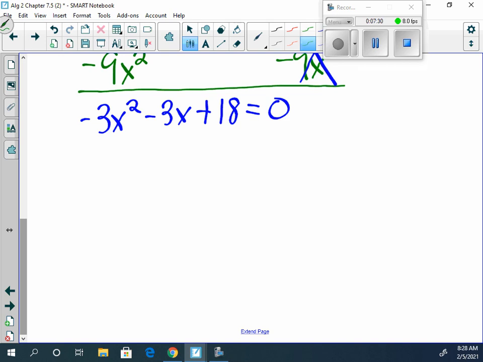So I'll show you this here. So if we factor out a -3, let's see what I'm left with. Well, -3 factored out of -3x squared leaves me with x squared, and plus x, because the -3 factors out completely and it changes its sign.